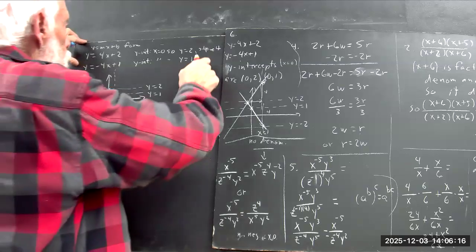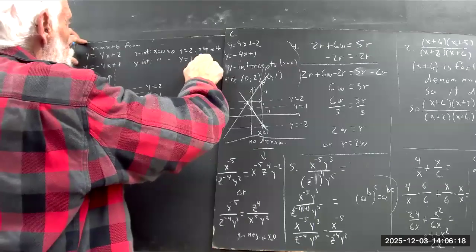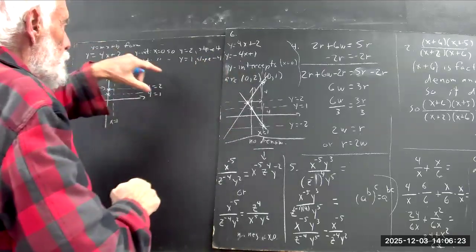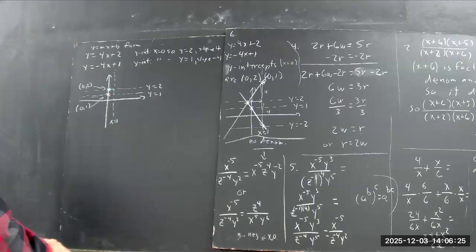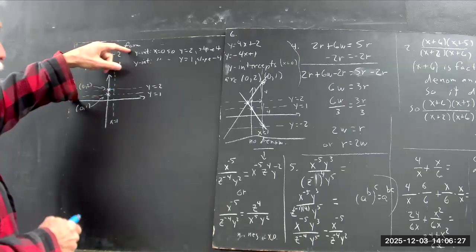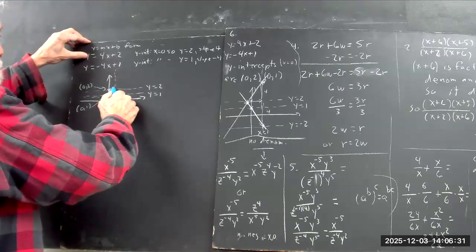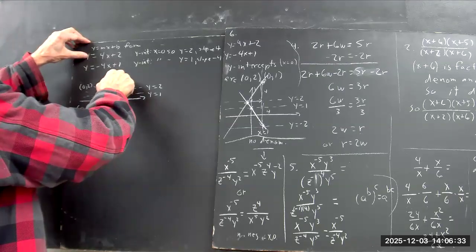Slope is obviously 4. And the slope of the second line is negative 4. Okay, so to get a slope of 4 in the first line, we start at the y-intercept, we move over 1 unit, and then we move up 4 units.